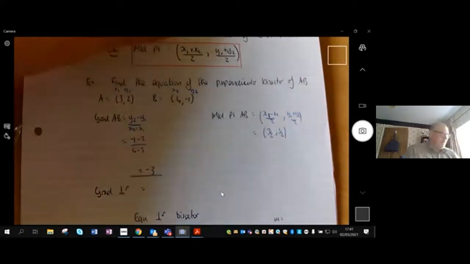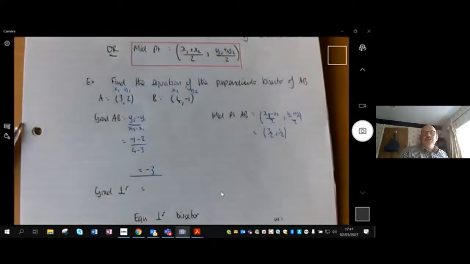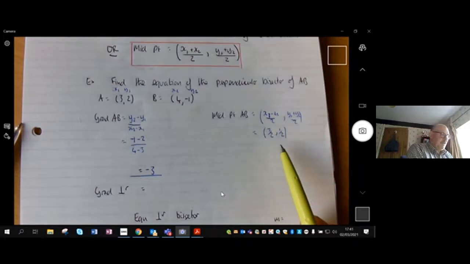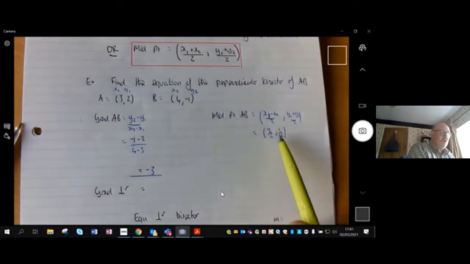So there's the midpoint. Okay, so I've now got the gradient of the line AB and where the midpoint is. The perpendicular bisector is at right angles to that through that point.